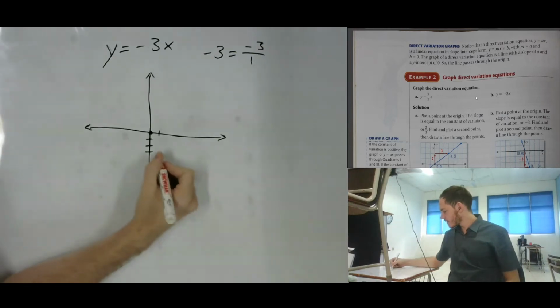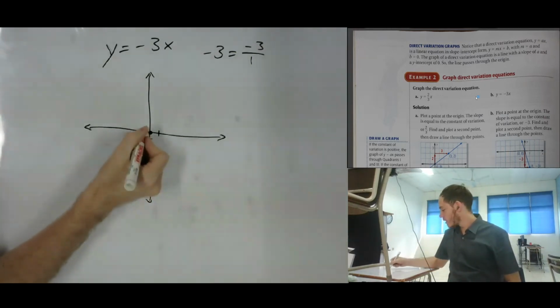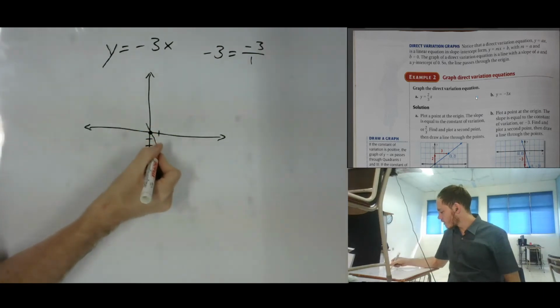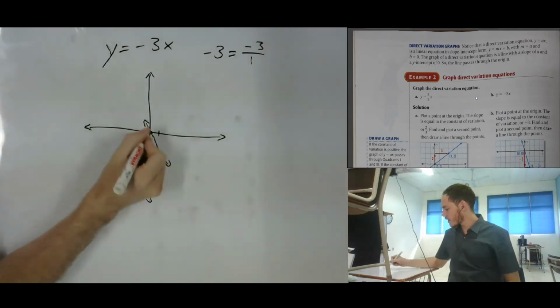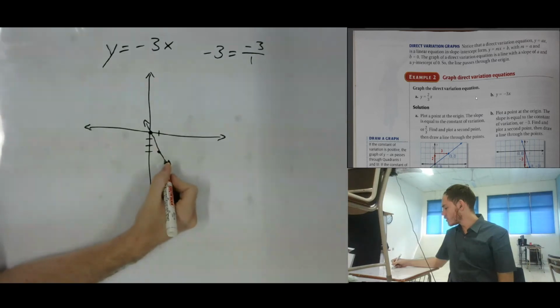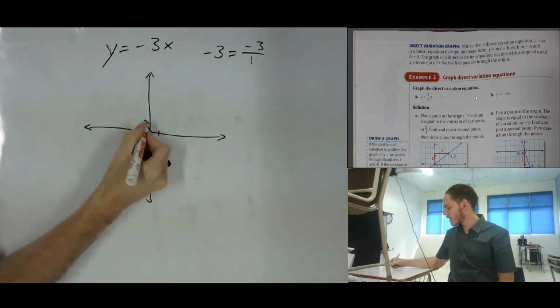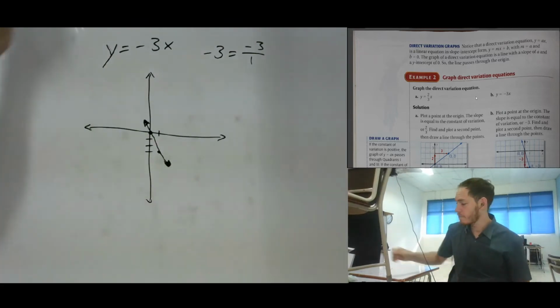So we go down 3, right 1, and then we draw a line through those 2 points. And there's our line. Now, do you only need 2 points for our graphs? Yes, you only need 2 points for our graphs.